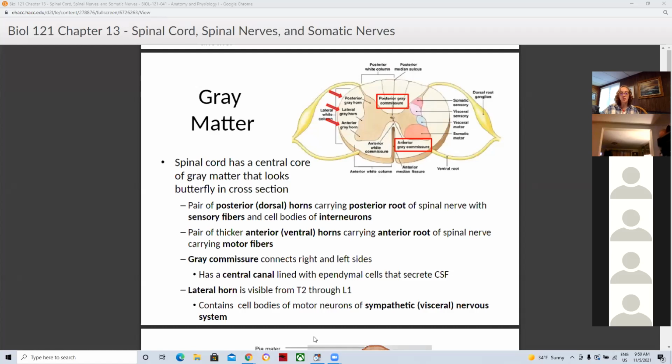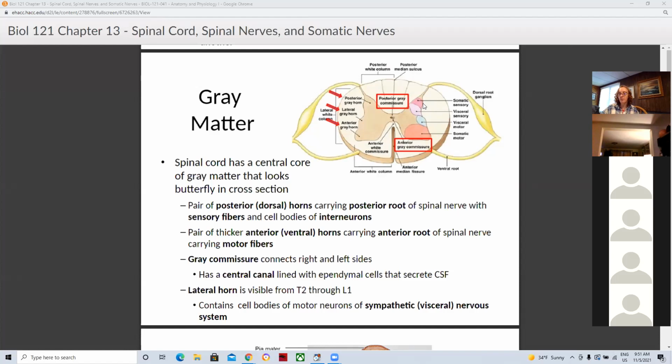The spinal cord has a central core of gray matter. The gray matter is organized into posterior dorsal horns that carry the dorsal root of the spinal nerves of sensory fibers and the cell bodies of interneurons.